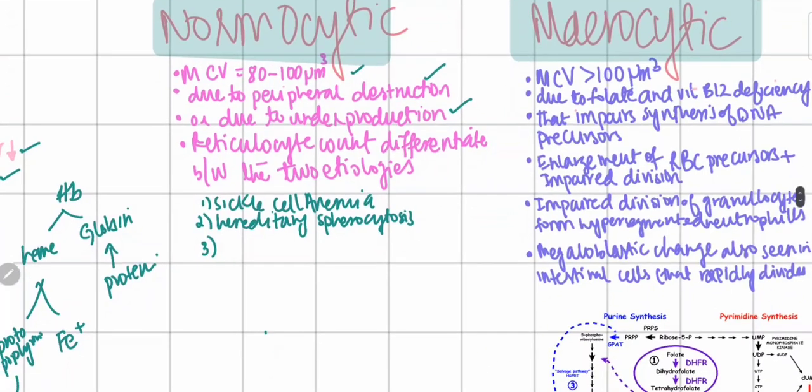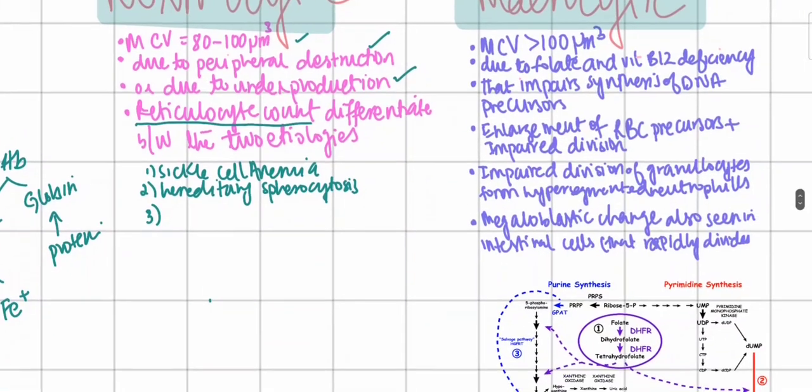To differentiate whether there is peripheral destruction or underproduction, we look at the reticulocyte count. I'm going to detail that in upcoming videos when we talk about normocytic anemias.